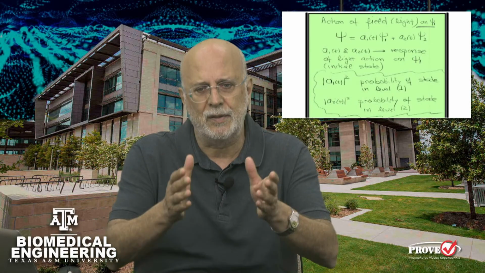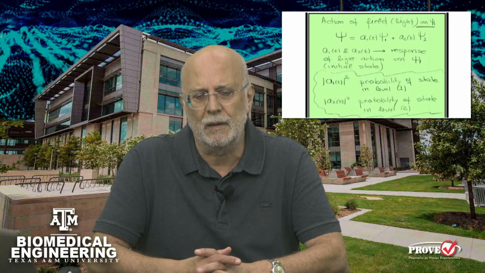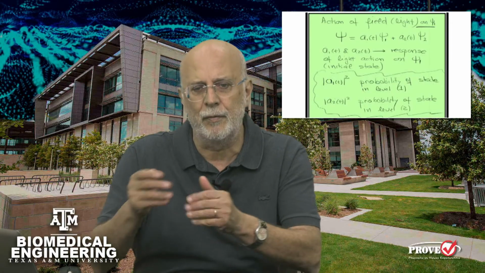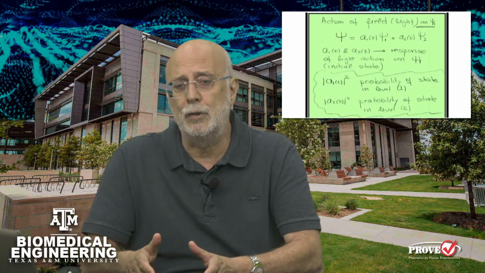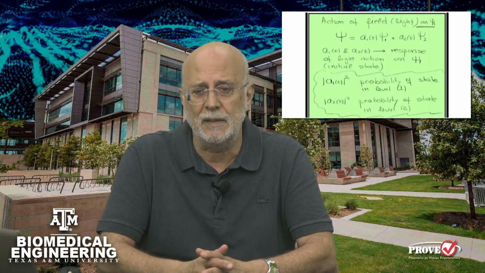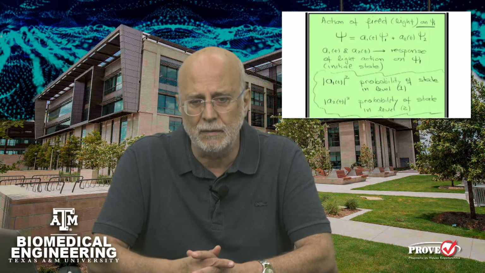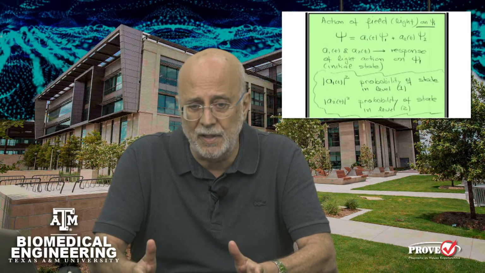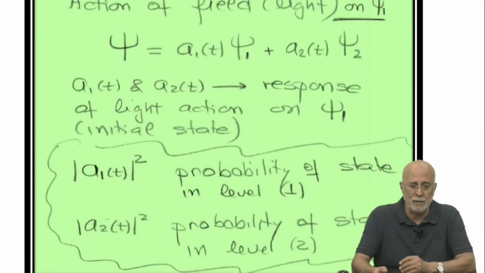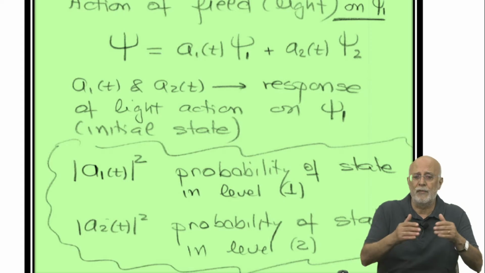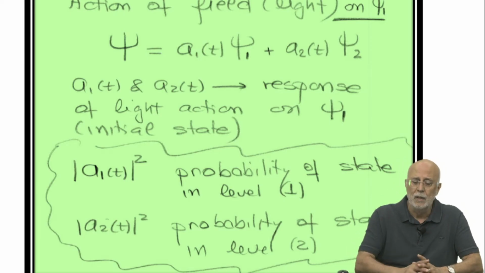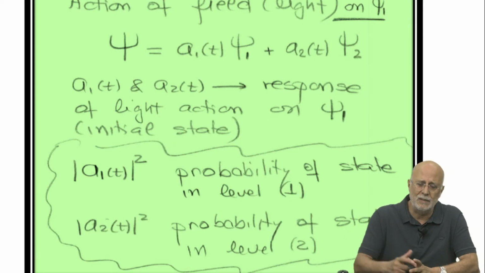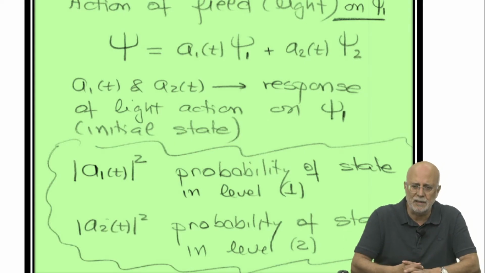Actually, the interpretation of A1 squared is the probability that, if you make a measurement, the system is in the first state. And A2 squared is the probability that the system is in the second state. And of course, since they are probabilities, and the system has to be in one or the other state, it means that the sum of A1 squared plus A2 squared is 1, a unit. So I turn on the light, shine this quantum system.